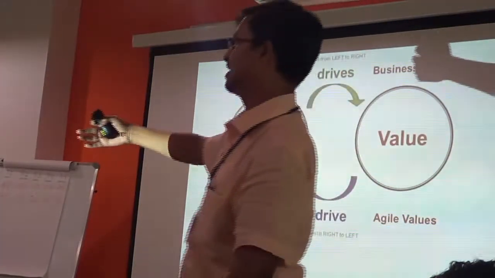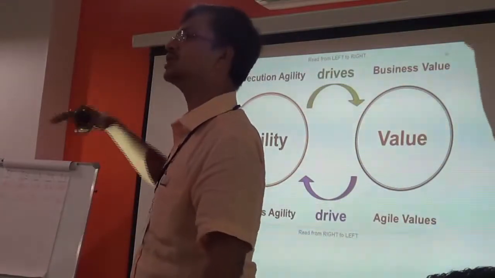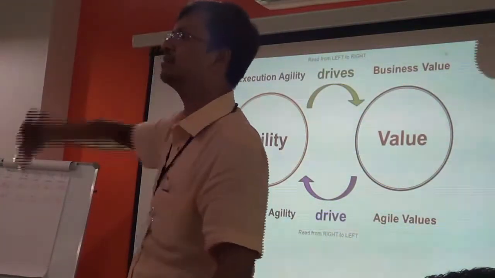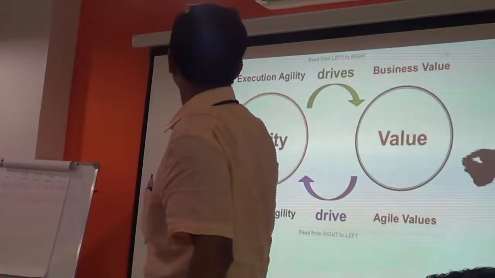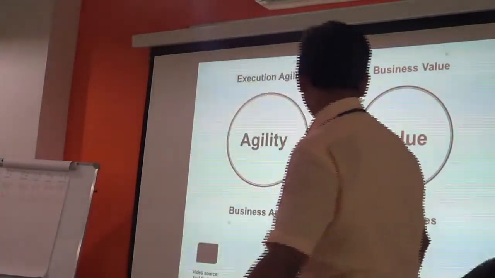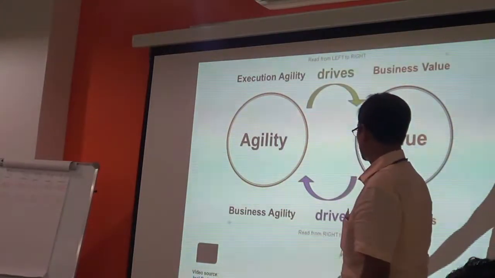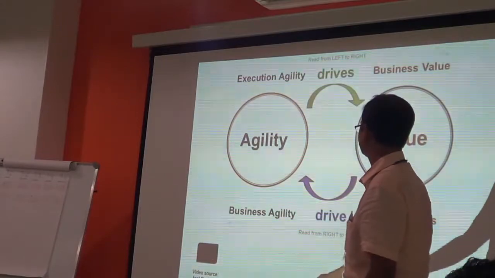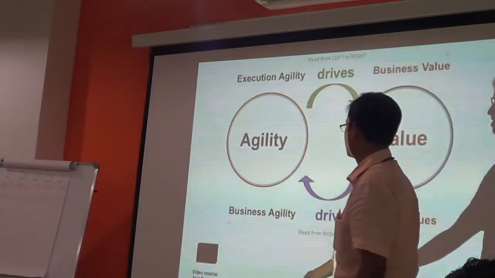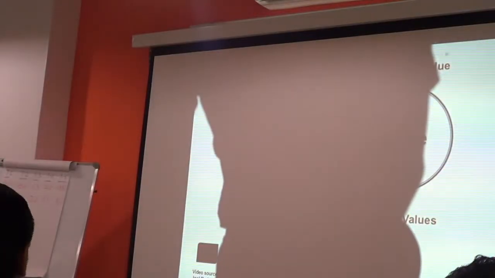Imagine a scale scenario. There are lots of problems where things can go wrong, and the majority of them boil down to the leadership team not being able to exhibit execution agility in their work, in their role, in their actual responsibility. You can find more details about this, but just to conclude this topic, I'm going to play a small video, and towards the end I have some message. So let me play this video.